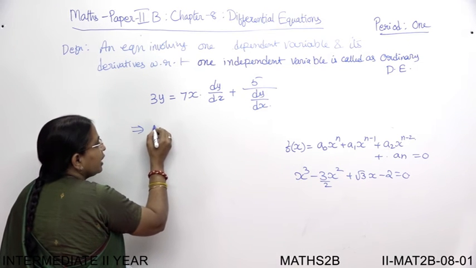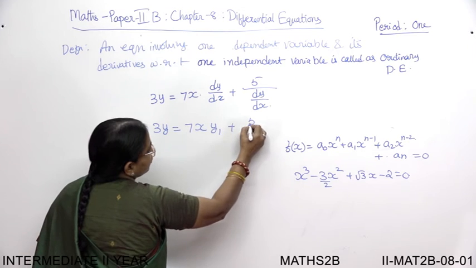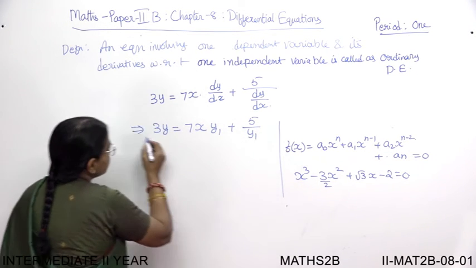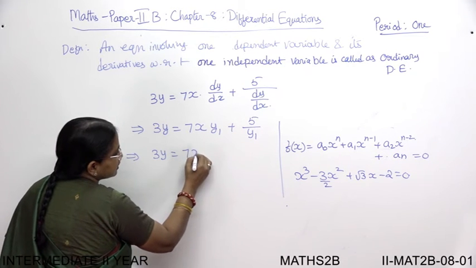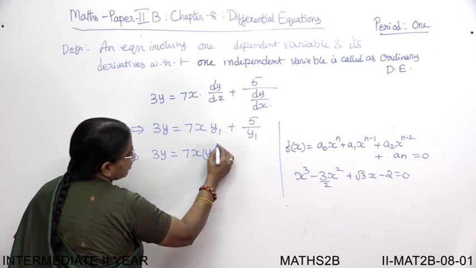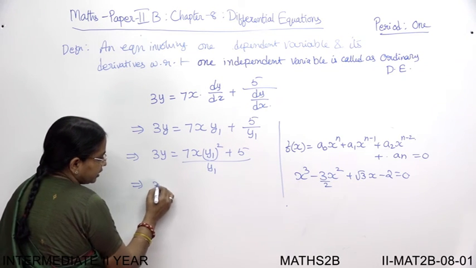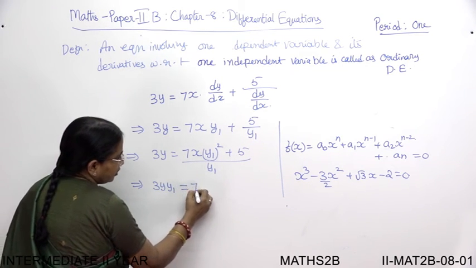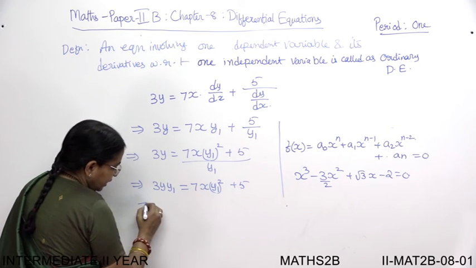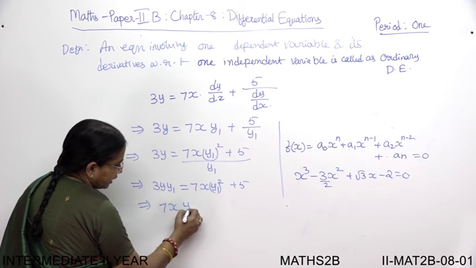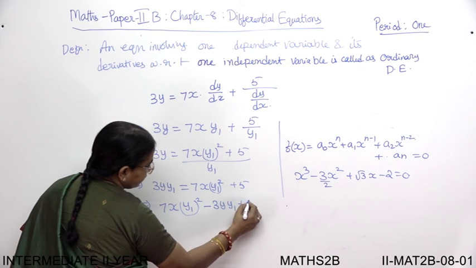So I'll write it as y1, which makes it easy to simplify: 3y is equal to 7x y1 plus 5 by y1. Now take the LCM, so 3y y1 is equal to 7x y1 square plus 5. Written as a polynomial equation, it is 7x y1 square minus 3y y1 plus 5.